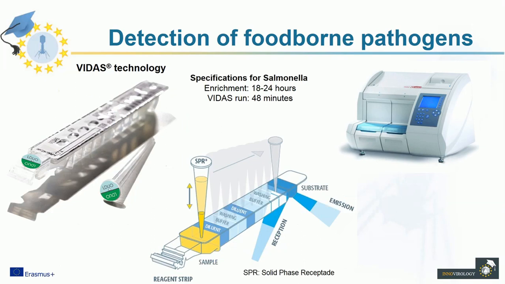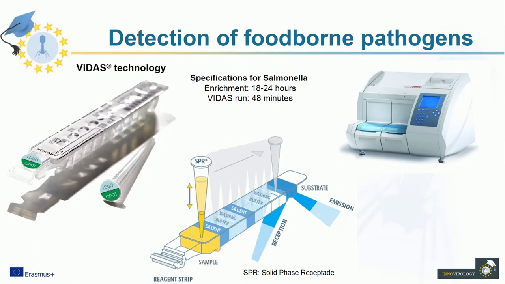This strategy is incorporated in a single strip, as depicted on the top left. In the middle, a schematic representation is shown. After the initial enrichment step of around 18 to 24 hours, the sample is loaded in the strip, after which a tip containing the phage-based antibodies is used to collect potential target cells.